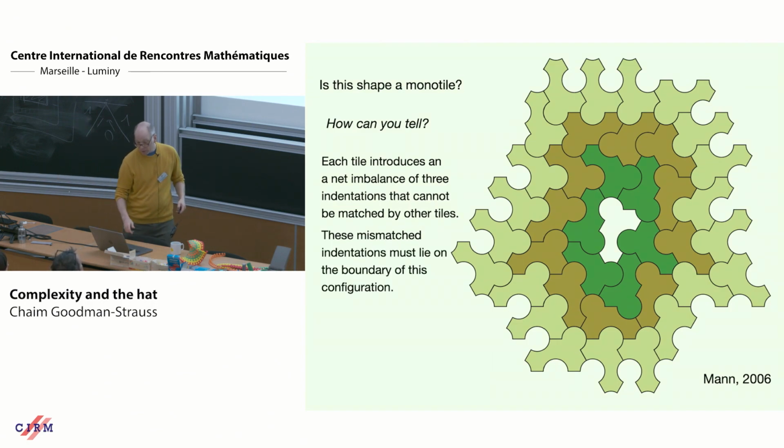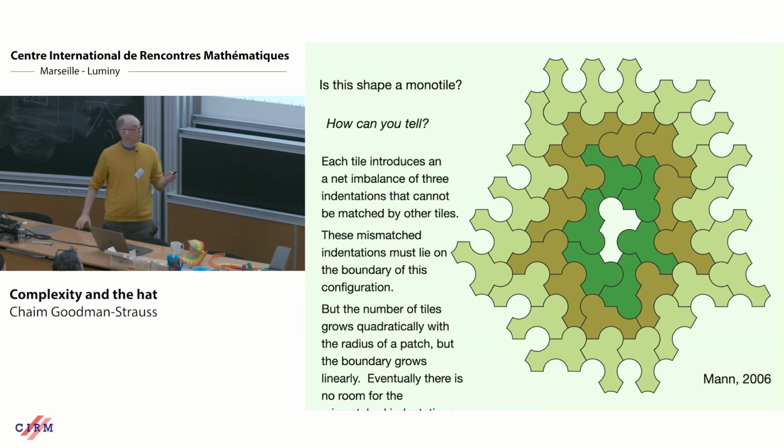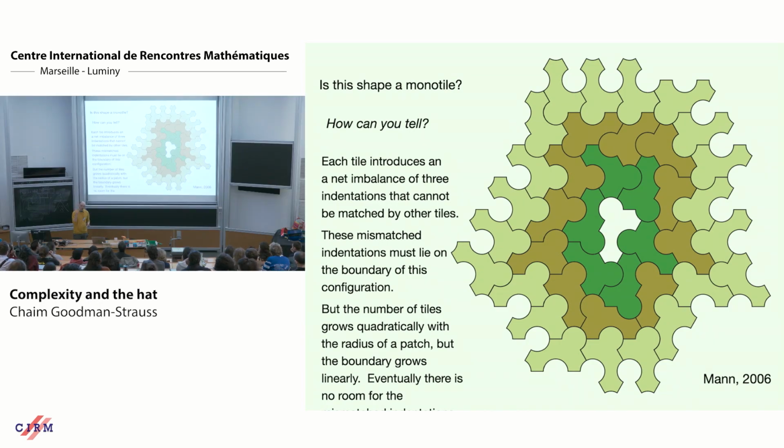But that's a problem, because the number of tiles is growing by area, which is roughly the square of the radius, and the length of the boundary is growing by roughly the radius. Of course, when I say roughly, that's masking a lot of wiggles and initial conditions.